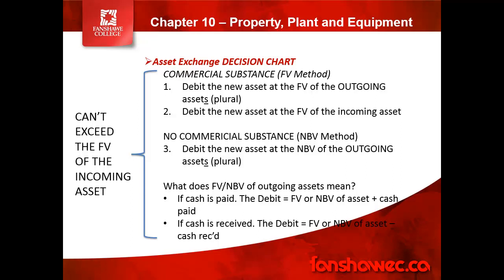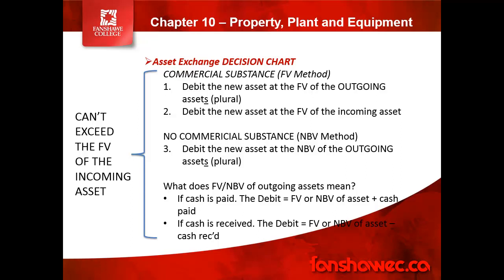If you were exchanging that for, say, a vehicle that you could get 20 comparable numbers off of AutoTrader and have a very reliable fair value, you would likely use the fair value of that vehicle you were receiving because it's more reliable, because there are measurables that you can compare it against and come up with a more accurate fair value. That is when you would use option number 2: when commercial substance exists and the fair value of the incoming asset is more reliable.